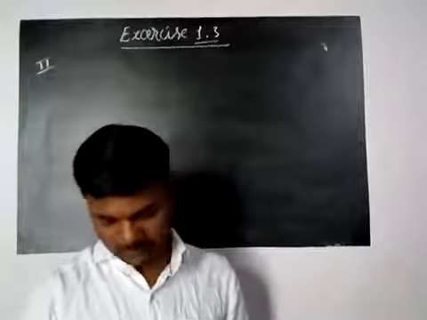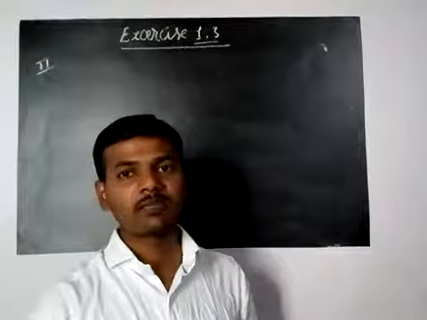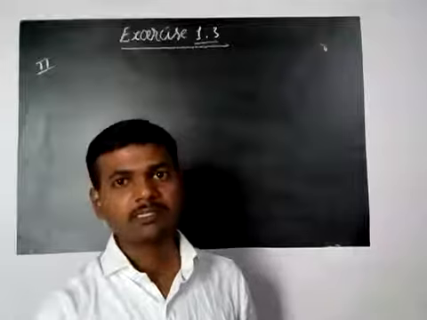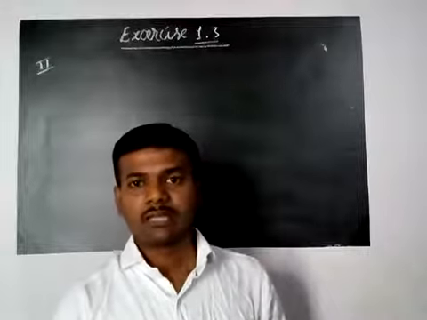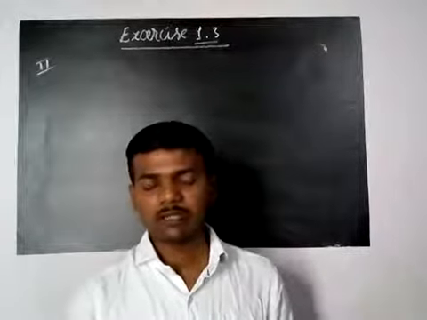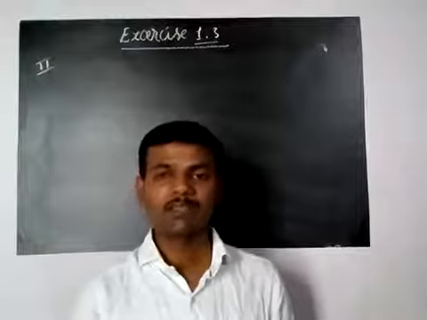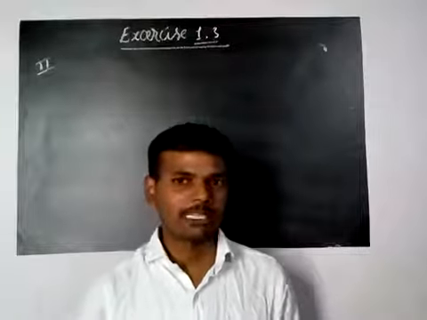Okay, the second question is: you know that 1 by 7 can be written as 0.142857 bar. So 142857 is the repeating block, and 1 by 7 is expressed as a non-terminating recurring decimal expansion.